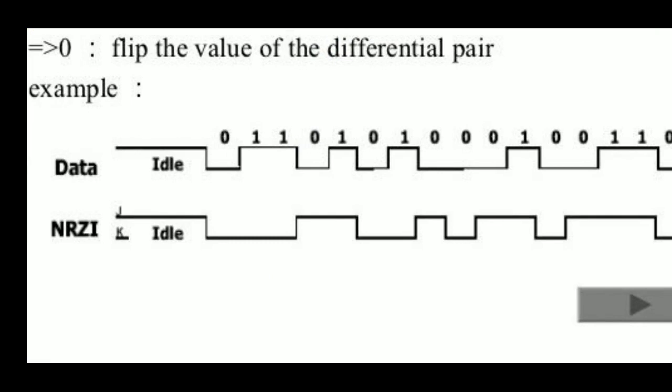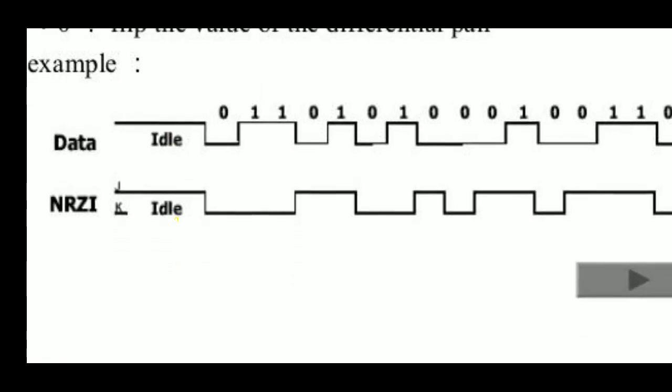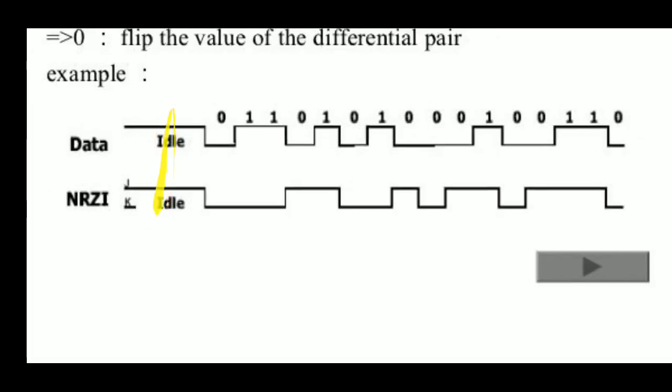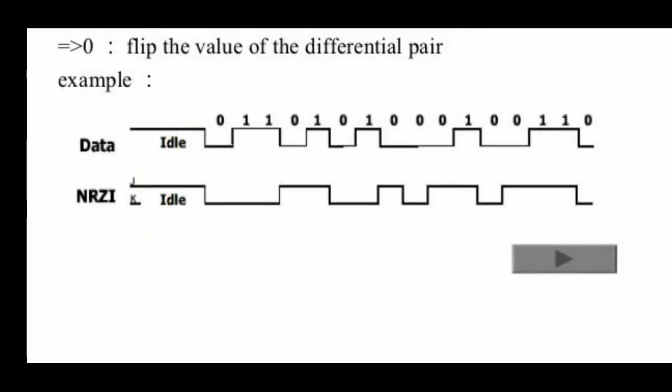First is the input line, which is the data, and second is the NRZI encoded data, which is the output. Initially both the data and the NRZI encoded data are at a high voltage level, and after some time the data is changed to 0.